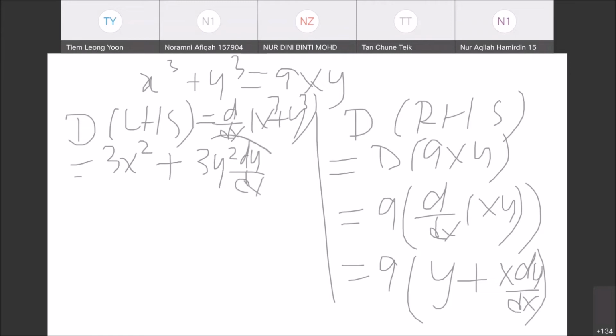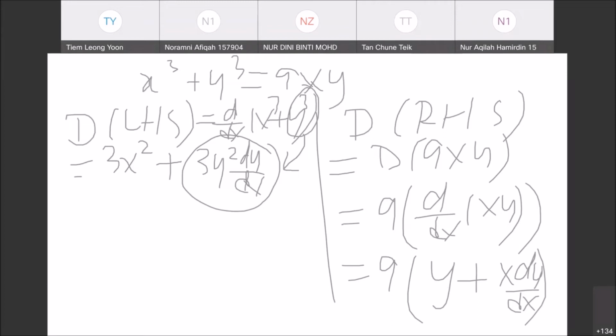This 3y squared dy dx is obtained by taking the derivative of y cubed with respect to x. So when I go from y cubed to 3y squared dy dx, I am again applying the chain rule.